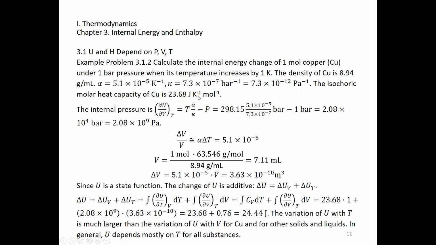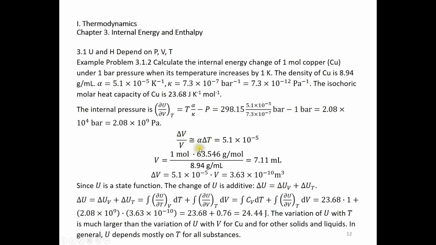Now, first, we have the internal pressure here. We computed this. It's about 20,000 bars. We can use this equation to compute the volume change, because we're holding pressure constant, so the volume depends on the temperature only.